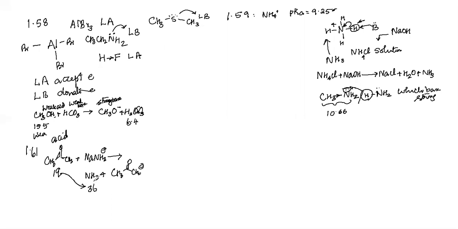So this is the acid on this side. This is the base, this is the conjugate acid, and this is the conjugate base. The pKa of the acid is changing from 19 to 36.